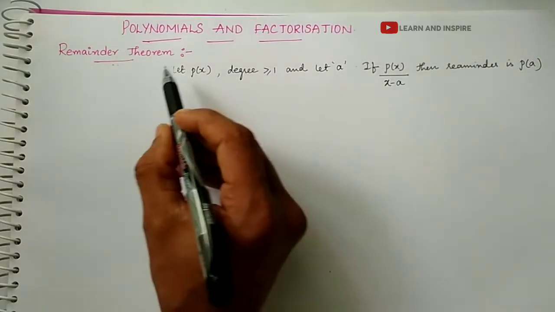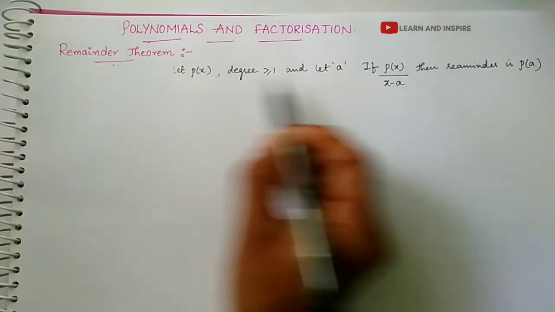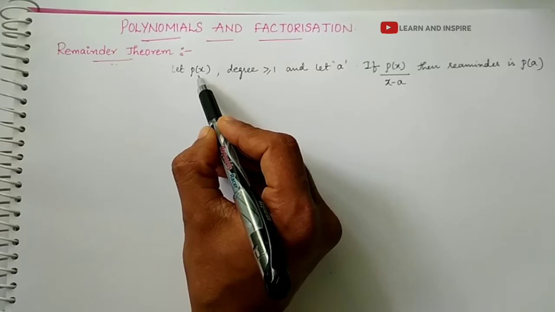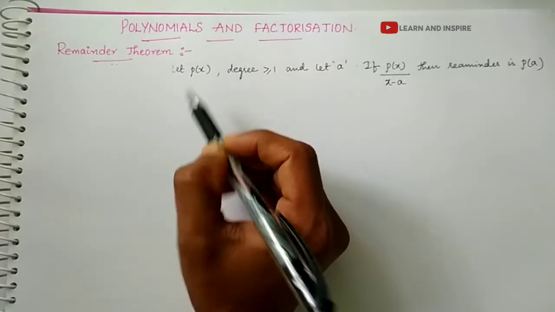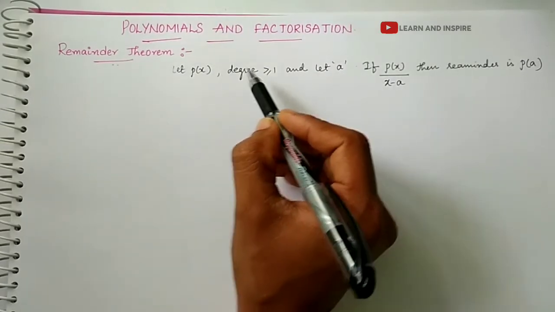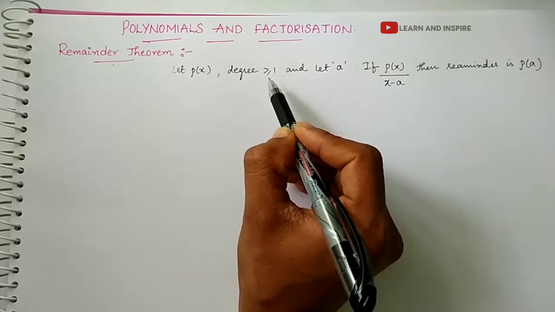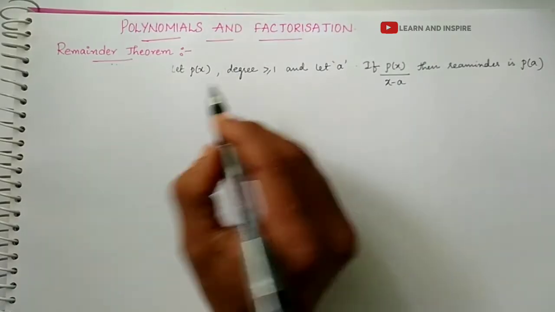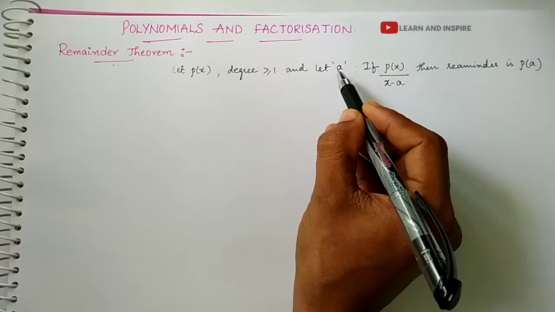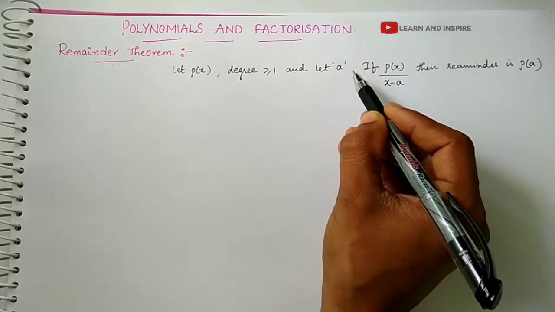So what is the definition of the remainder theorem? Let p of x be any polynomial of degree greater than or equal to 1, and let a be any real number.